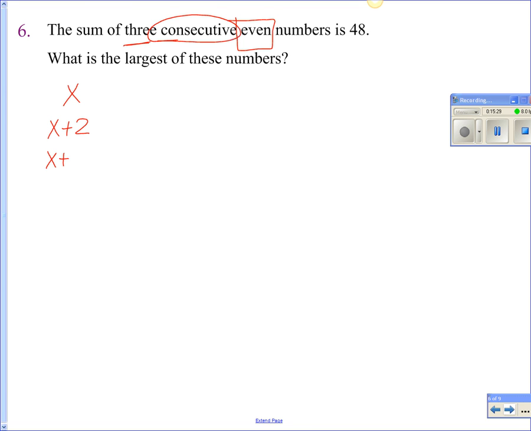Plus. So x plus 2 and then x plus, look at your chart, 4. Gavin, what does it want you to do with those? Good, because it said sum. What do you get when you add those, Gavin? 3x plus 6. Very good. Equals 48.